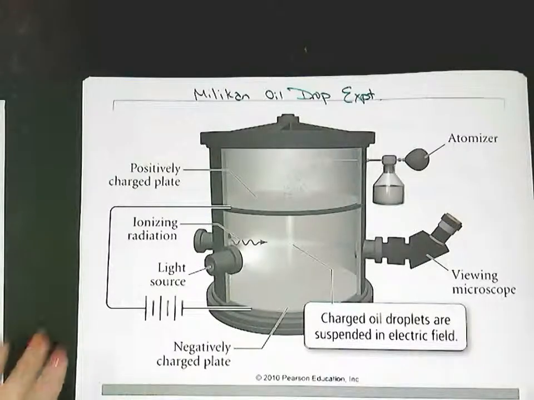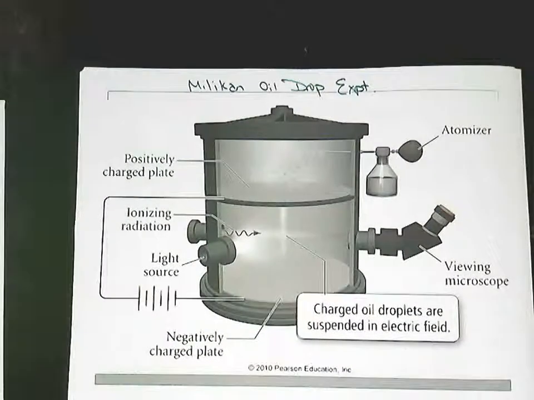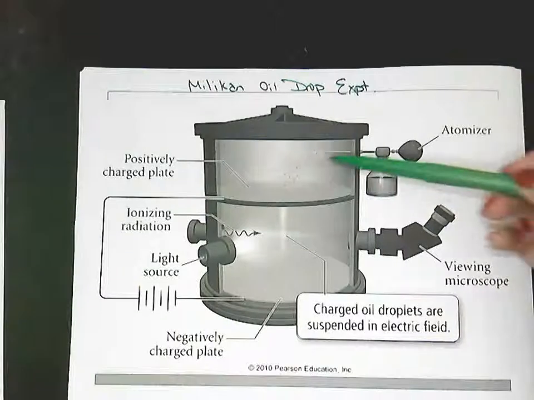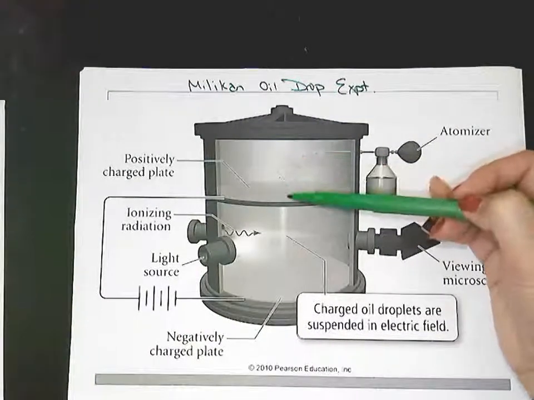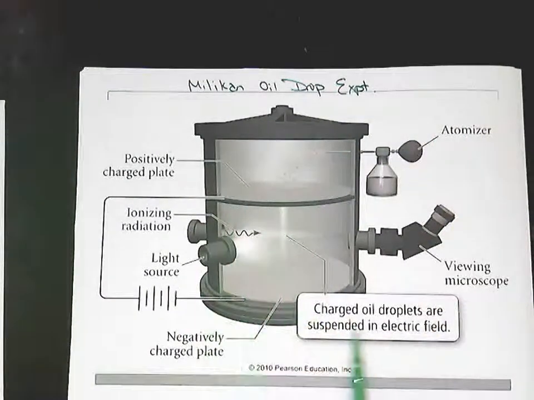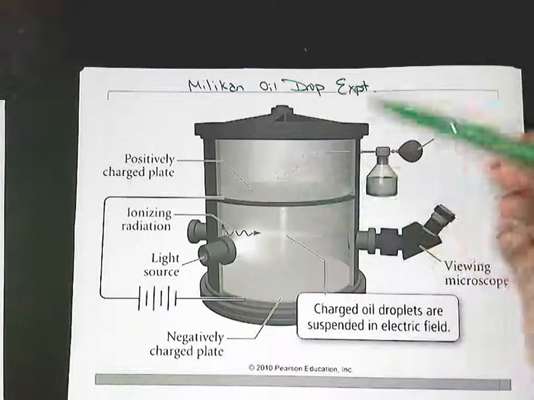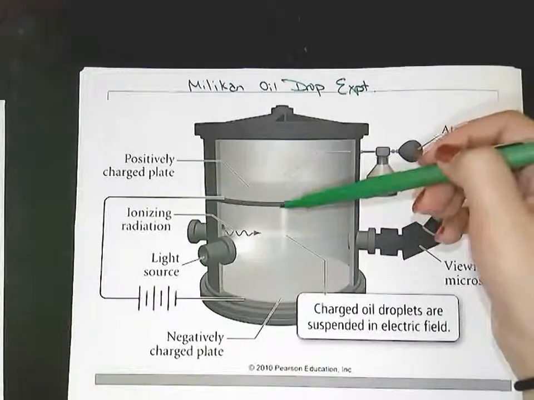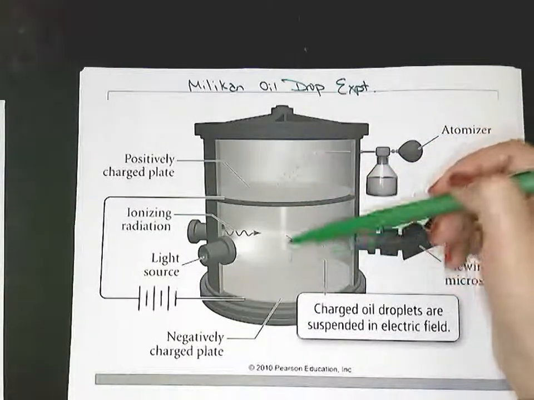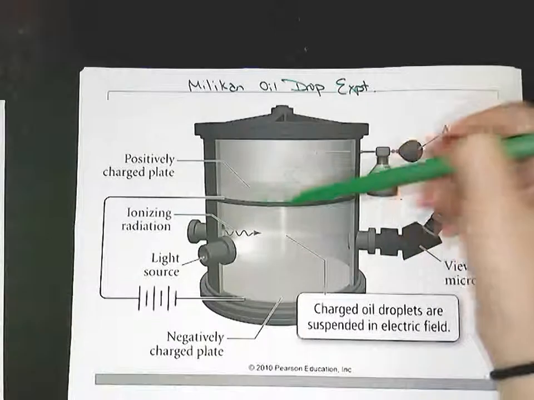In this experiment, they would send oil particles through a positively charged plate, which would give them a charge. Some of the particles would be pushed down towards the negative and some of them would be pulled up towards the positive.